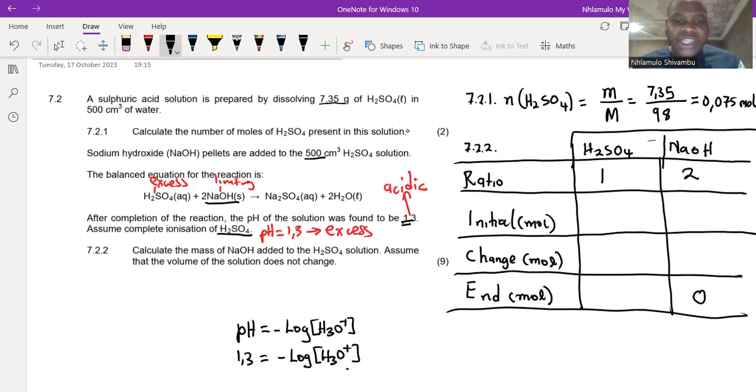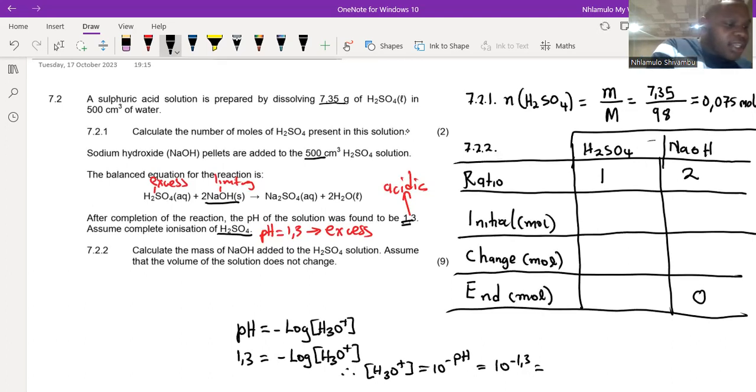Therefore, the concentration of hydronium will be given by 10 to the power negative pH, which is 10 to the power negative 1,3.